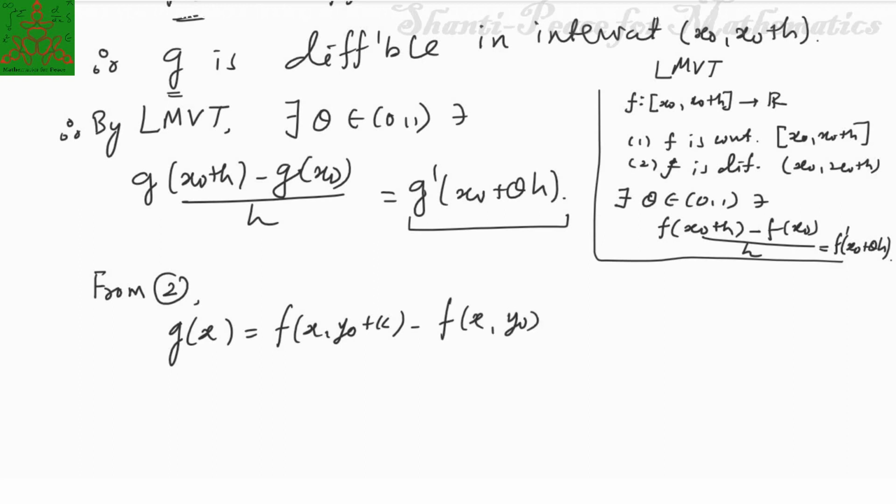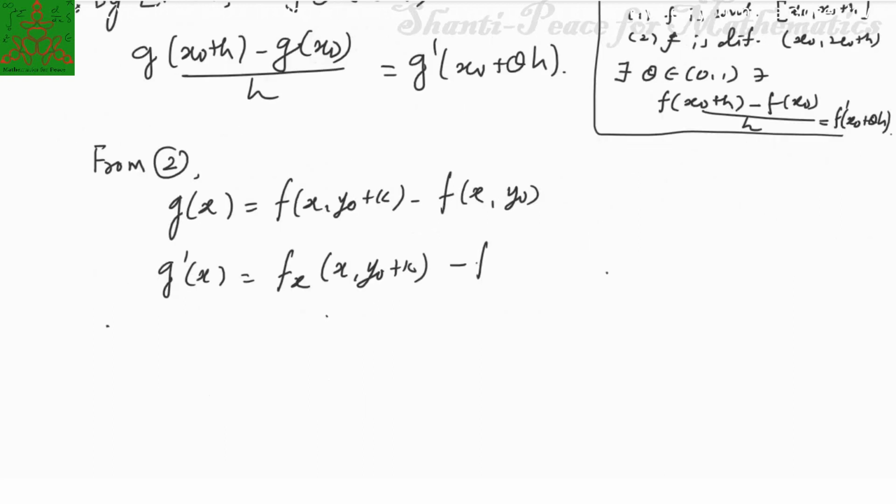So if I differentiate this with respect to x, we'll have f_x at (x, y0 plus k) minus f_x at (x, y0). I call this equation number 4 and this equation 5. On this side, instead of x, I may replace x0 plus theta h.